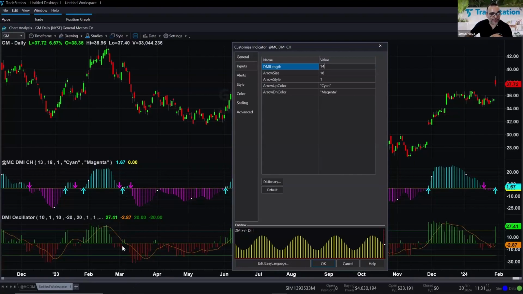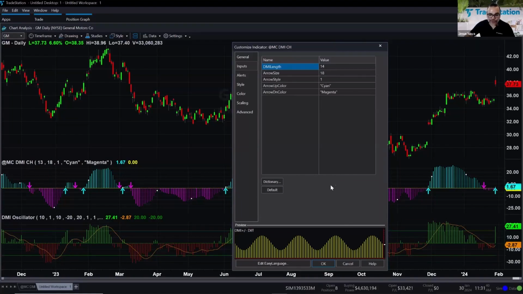You can see the crossovers here on the original DMI oscillator, but when you create an indicator that also adds an arrow at the exact point when the crossover happened, it just enhances the visual. And it allows you to set that arrow to a particular size, style, and color. I'm not going to change those parameters because I'm just going to use the defaults.